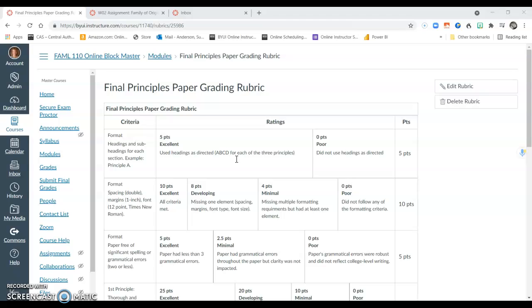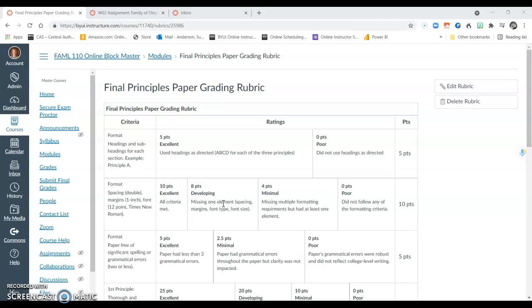details. For the formatting, headings and subheadings, it's just all or nothing. They did A, B, C, D, or they didn't. Formatting for spacing, margins, font, all of that. Nothing of the criteria has changed. It's written out here in 8, 4, 8 and 4, or the developing versus minimal.